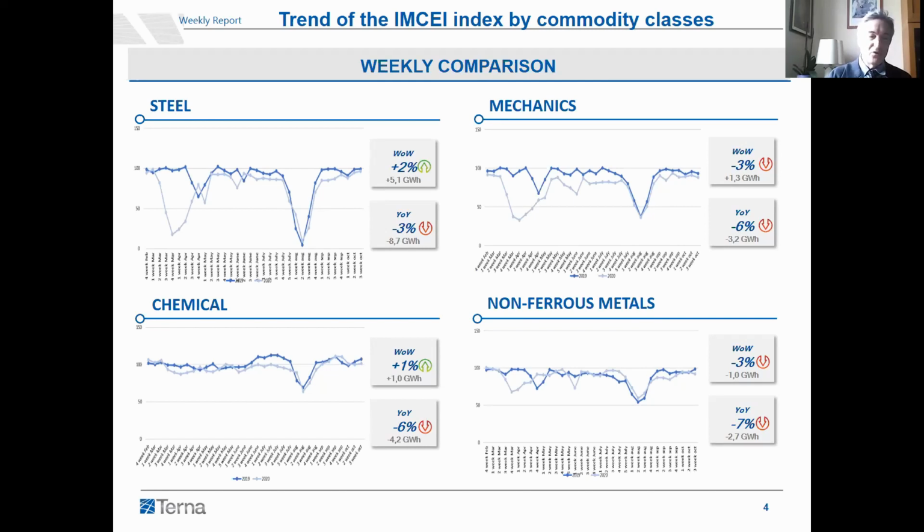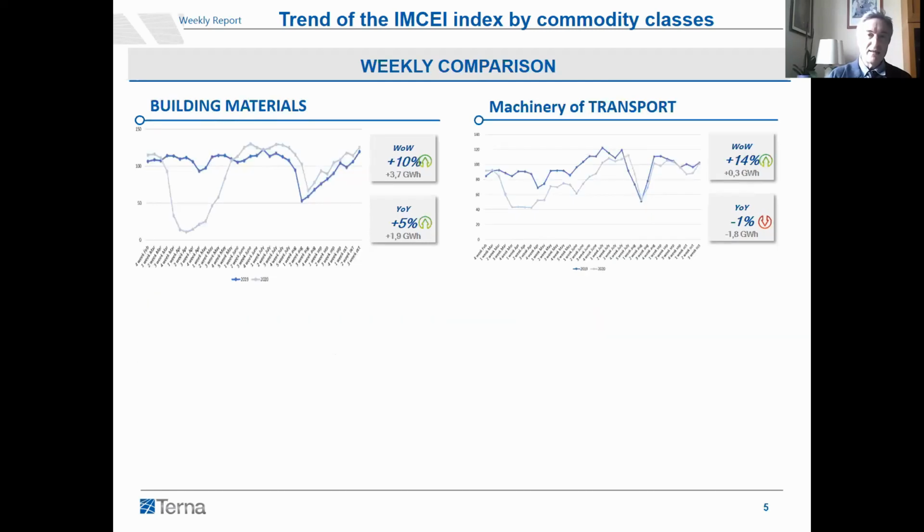If you go to the next slide and take a look at building materials, you can see that it was very, very much affected by this lockdown and situation during March and April, with the consumption of electricity dropping in April by 86%.